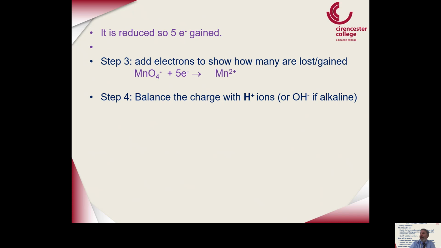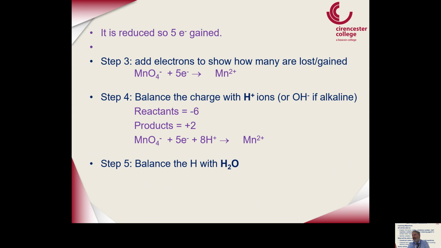The reactants are -6 but the products are +2, so the difference is 8. So we need to add 8 hydrogen ions. That gets rid of the 6 negative charges, then adds another 2, so we've got 2+ on the left-hand side and 2+ on the right-hand side. That is now balanced in terms of charge.